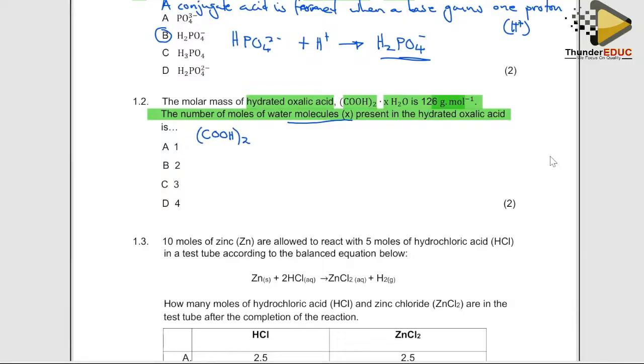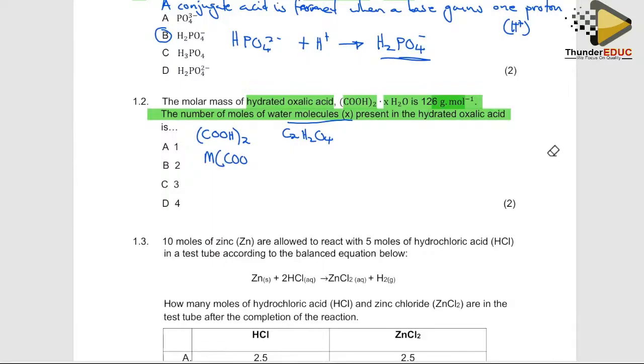If I expand that, I'm going to get a formula of H2 then O, I'm going to have four oxygens like that. Then after that, I'm supposed to calculate the relative molecular mass. Let me just say C2H2O4 for it to be easy.